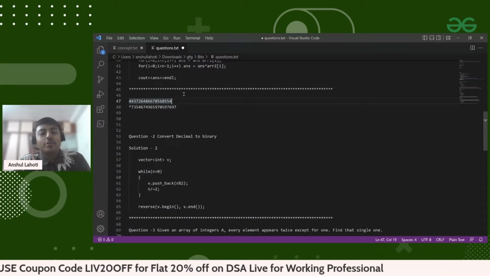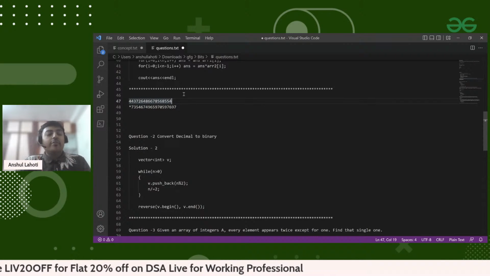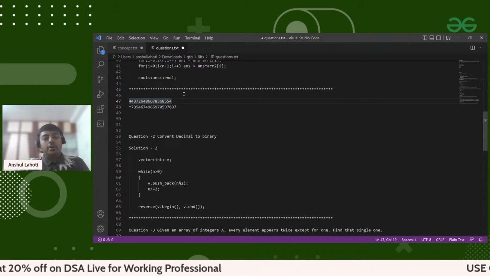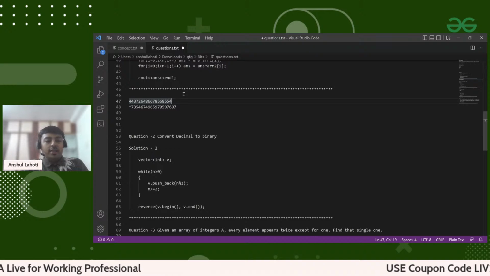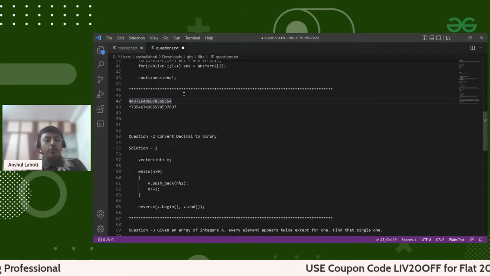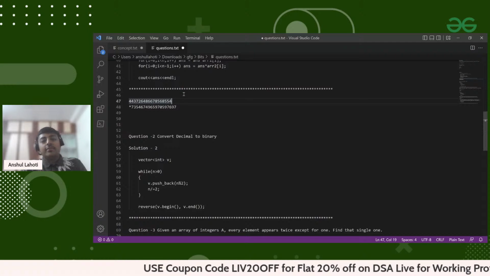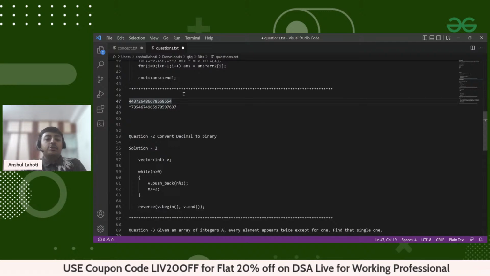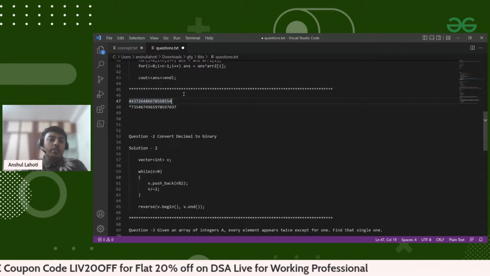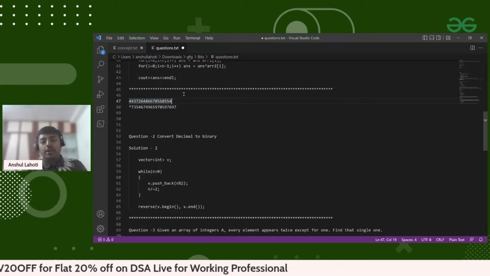So what will help us here? How can we multiply? Multiplying 2 into 2 is basically adding 2 two times. Adding a number that many times will not be very feasible, right?